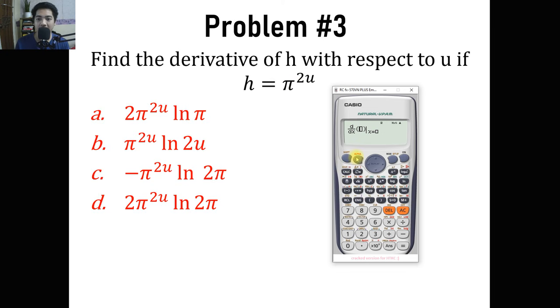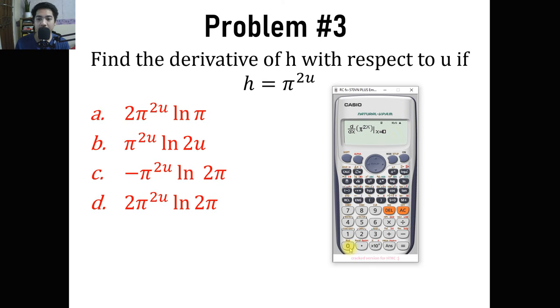So we input alpha. We have shift and then just click this. We have the alpha sign here on the scientific notation. Just click shift and this one. And then this is raised to 2. Instead of u, it's x. Okay? Because we will be providing a value of x here.